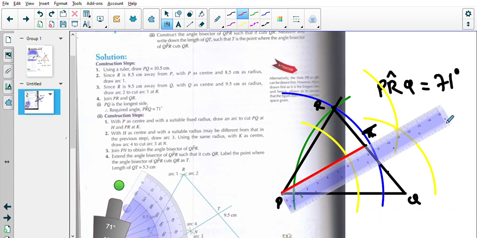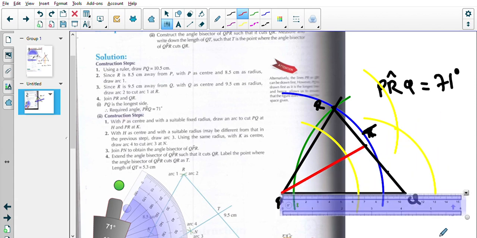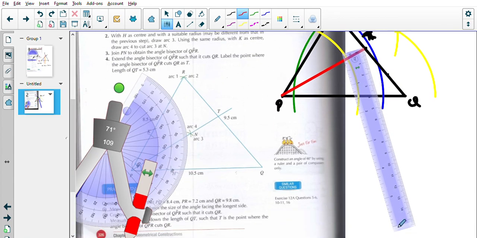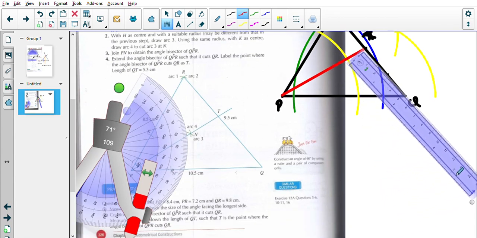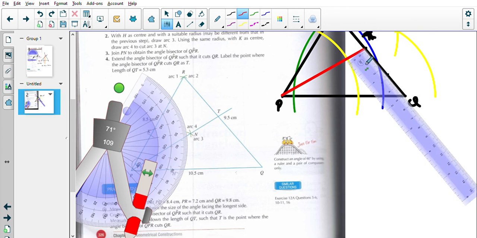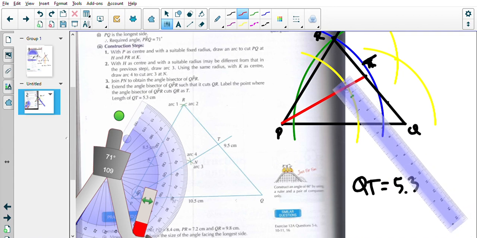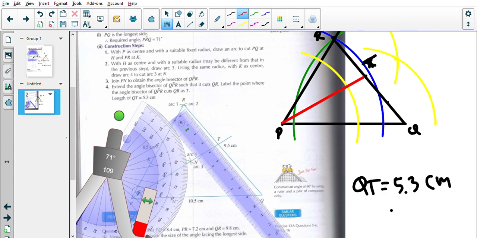So we have to adjust our ruler again. Make sure that you read the instruction of the question correctly. So this one. Alright, now we have already done. Now we can see that QT is around 5.2 or 5.3. Okay, I think the answer is 5.3 centimeters. So you can write down that QT is around 5.3 centimeters. Alright, this is our answer for this example.